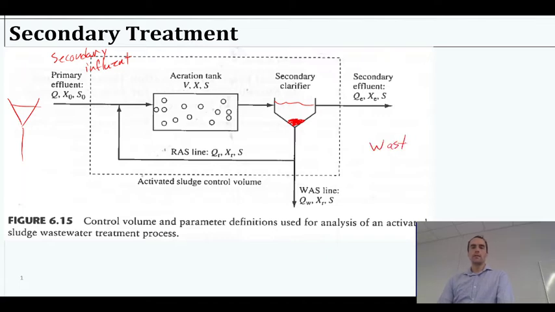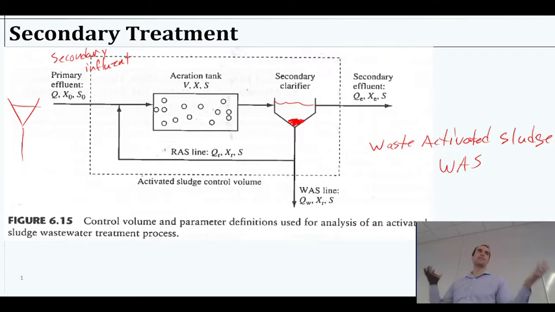So we'll call it waste-activated sludge. That's WAS. And we could even call the primary aeration tank a WAS tank.